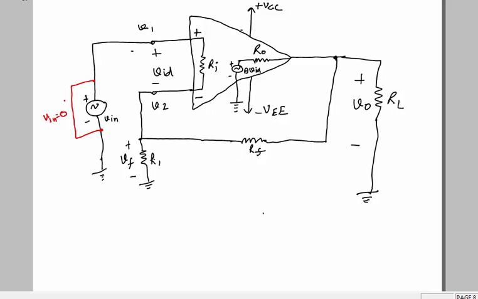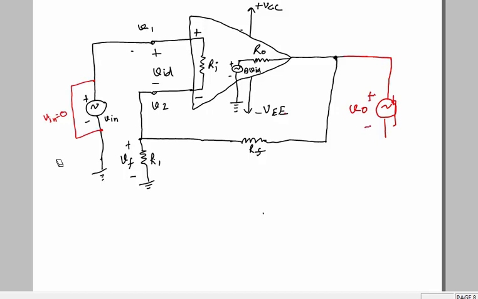And we will remove this load, and here we are going to apply a voltage V naught.